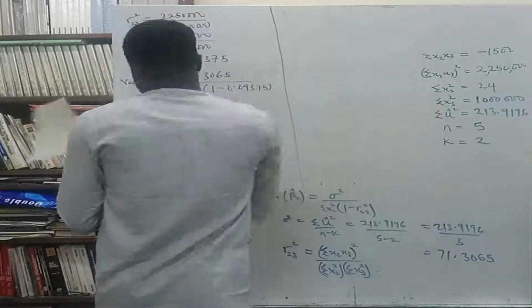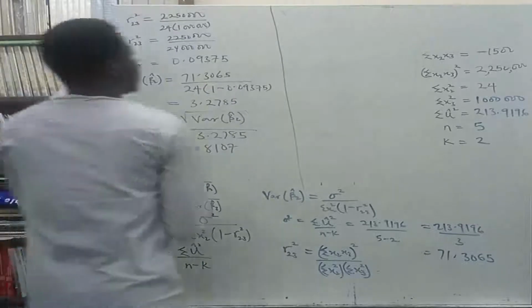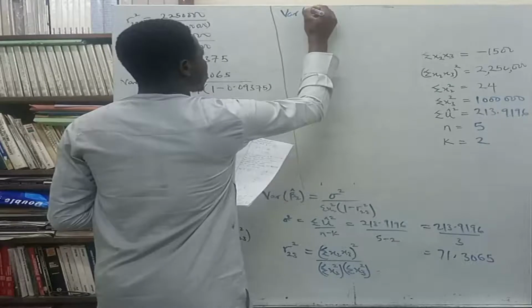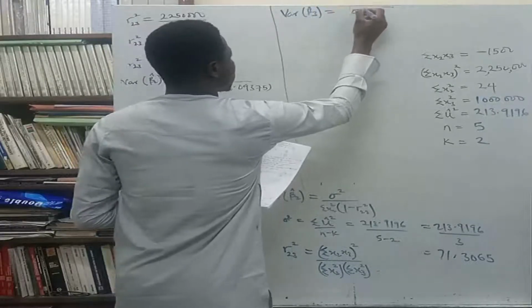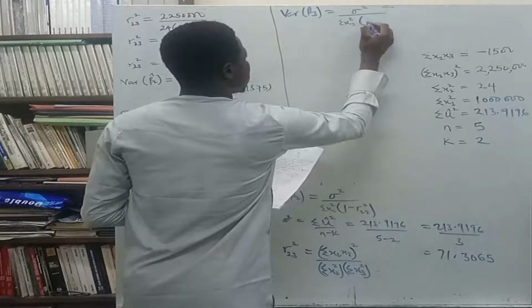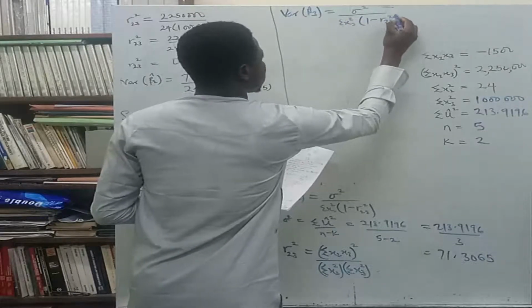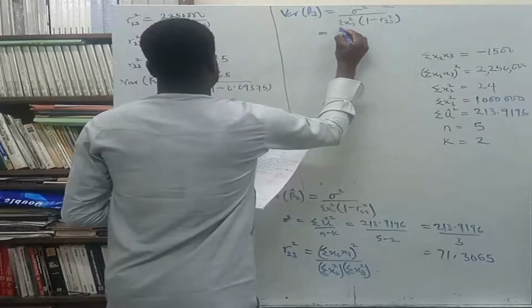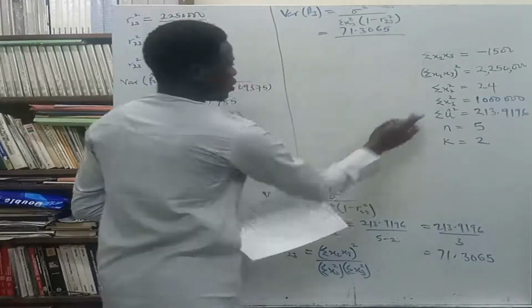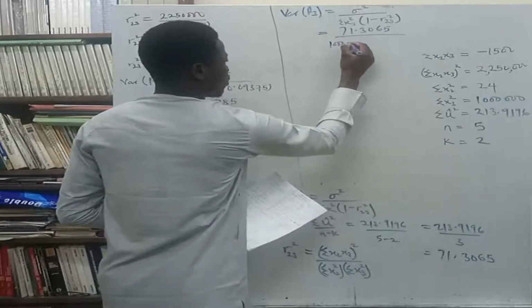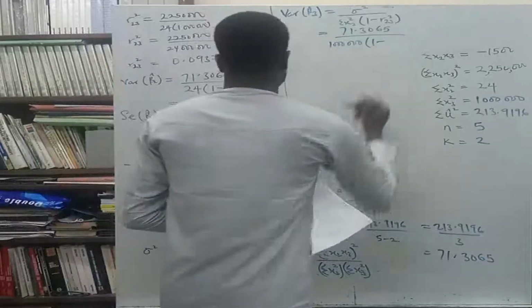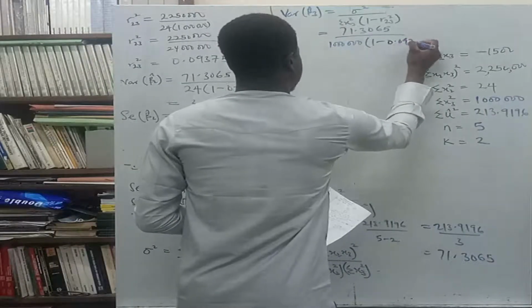So the variance of beta 3 is equal to summation of x3 squared. So this gives 71.3065 over this, that's 1 million, into 1 minus 0.09375.